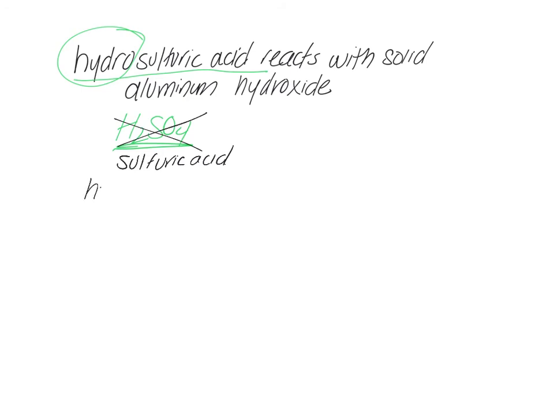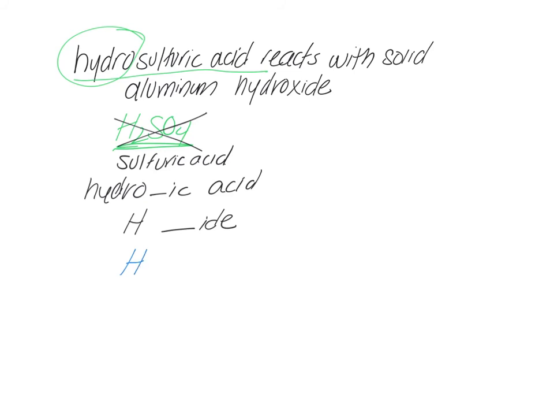If something was hydro and ic acid, that means it had to be a hydrogen and something that ends in "ide." So it's actually hydrogen and sulfide that come together to make hydrosulfuric acid.